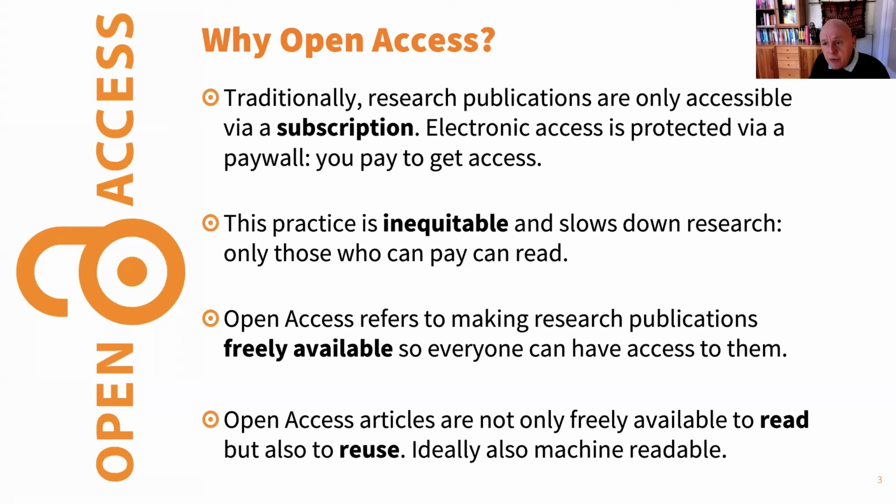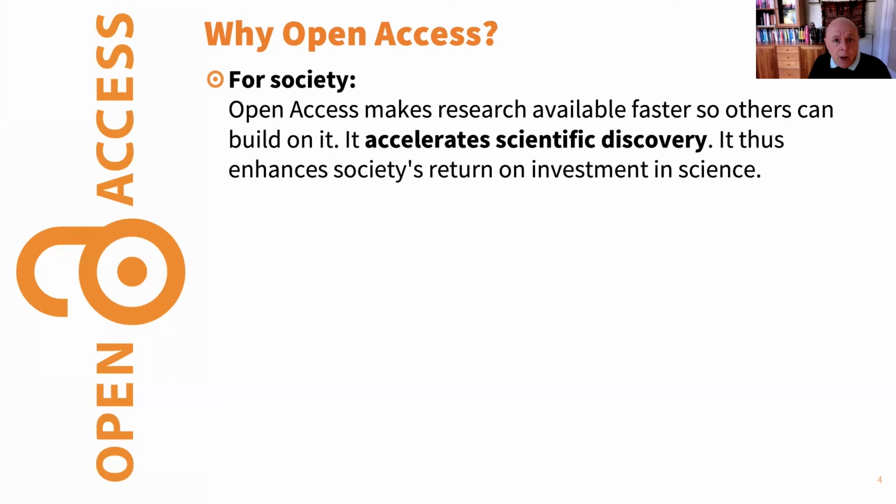And ideally, of course, these articles are also machine readable, because there are a lot of machine readable tools now available that allow to aggregate results from various studies and come to even deeper insights. So this is also something we want in the ideal situation.